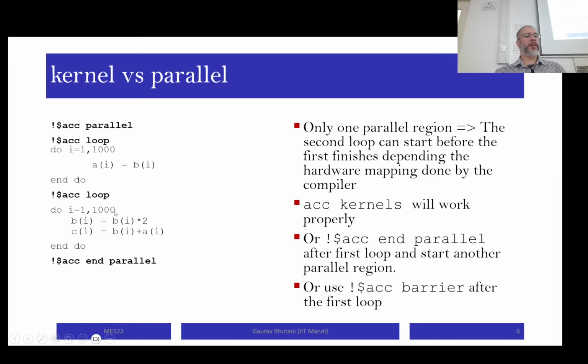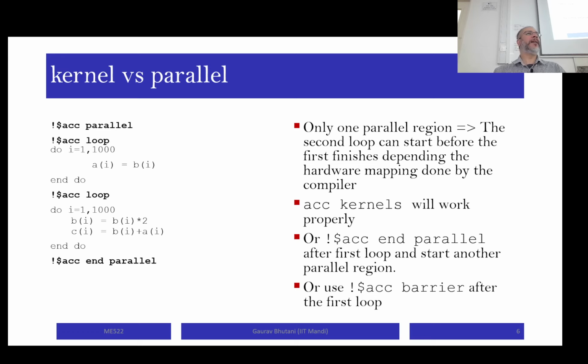But that is not what you want, because here you are putting A equal to B of I, but here you are changing the value of B. If it happens that before you have actually put in the value of A, you change the value of B, the code will have a different result compared to if you had run this in serial.